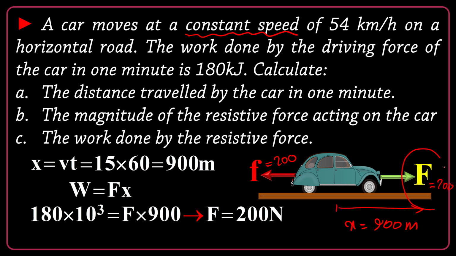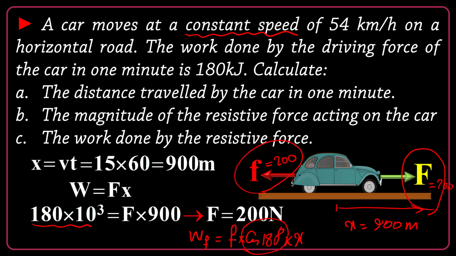If the work done by the forward force is 180 kilojoules, the work done by the resistive force is the same but negative. That's all. Why? Because the work done by the resistive force is resistive force times cosine of 180 times the displacement. Everything is the same except cosine of 180, so it's negative 180 kilojoules.